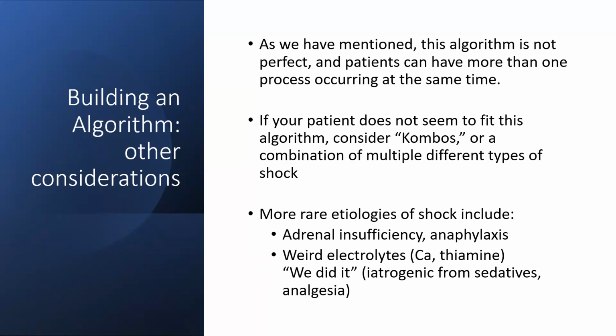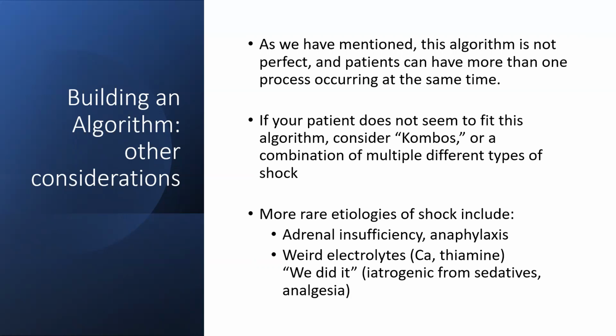But it will have some unique features: wheezes on pulmonary exam, maybe urticaria or GI symptoms. Weird electrolytes, such as calcium and thiamine. If you have severe calcium deficiency, you don't have the calcium you need to constrict the smooth muscles in your vasculature, so you can get hypotension and shock from that, rare but possible.